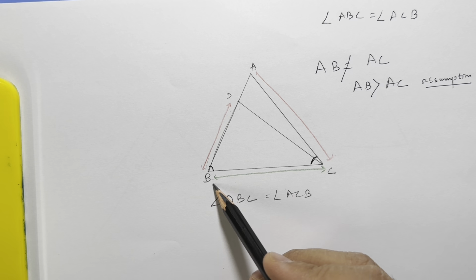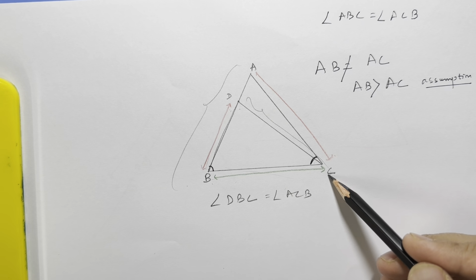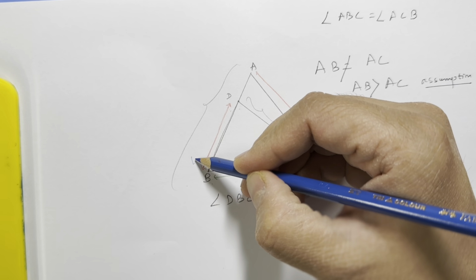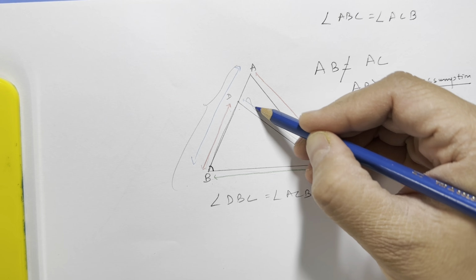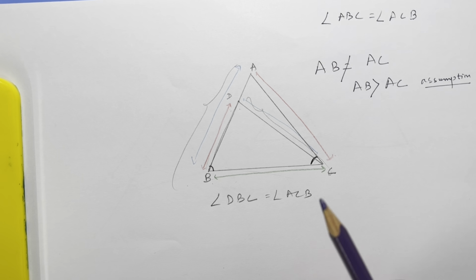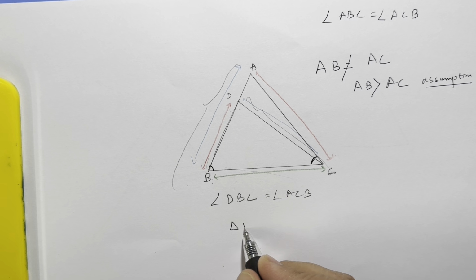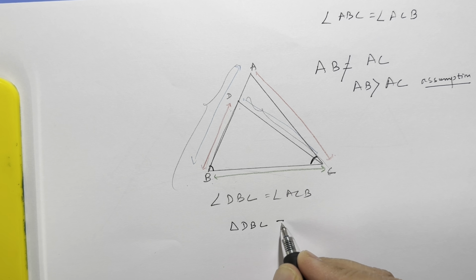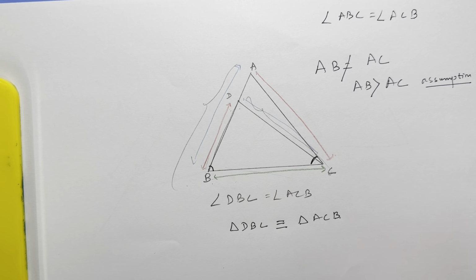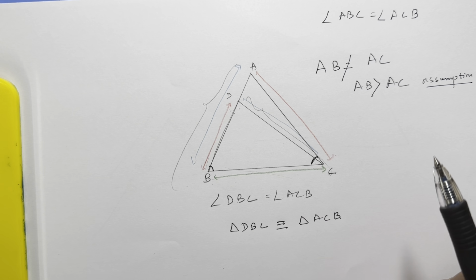So this triangle, which has this as the base, and this triangle, which has this as the base, will be same. So what they are arguing is this will now be equal to this. And the triangle DBC will be equal to the triangle ACB, which looks absurd, right?